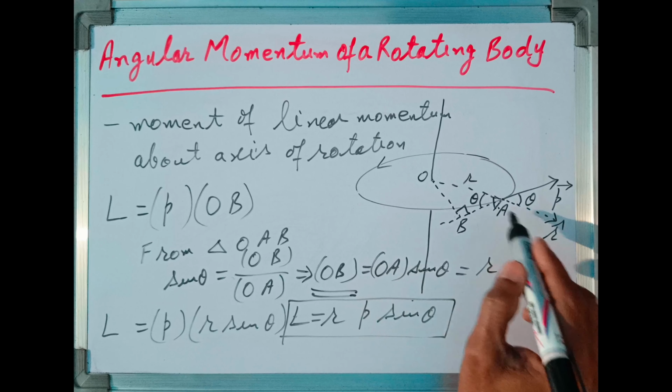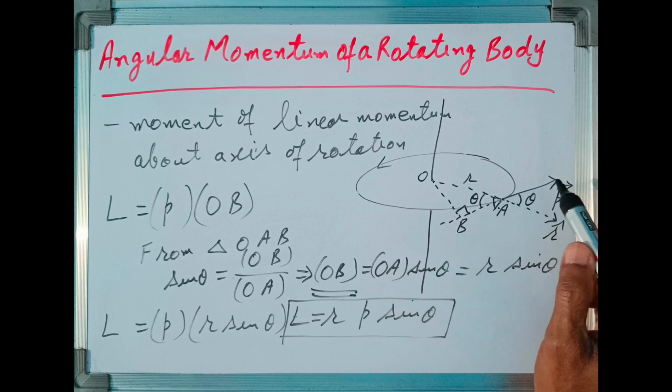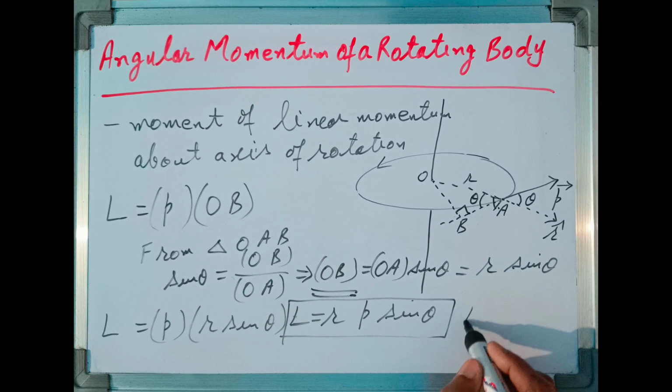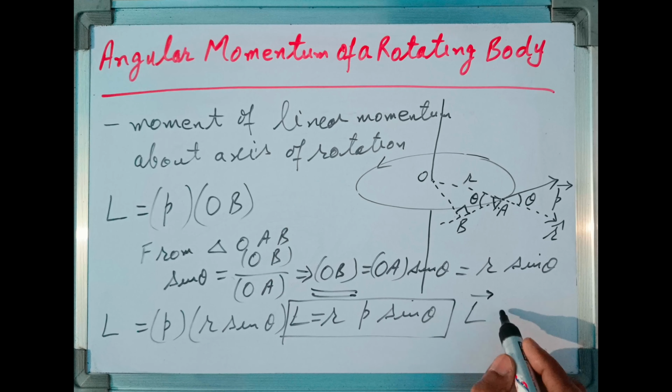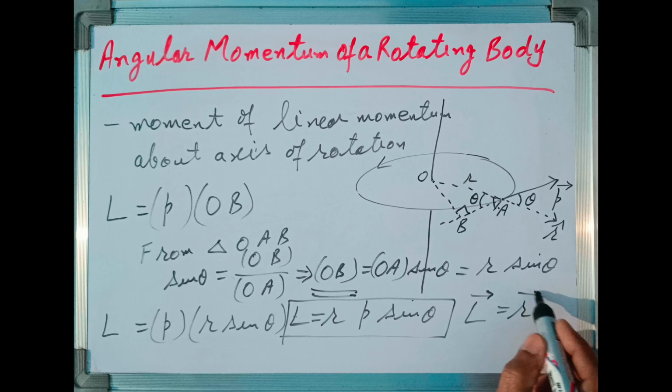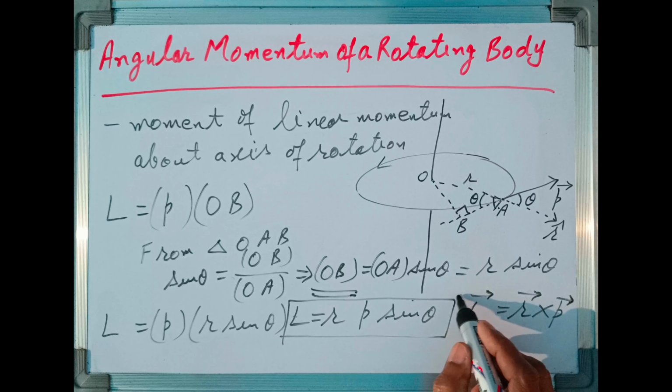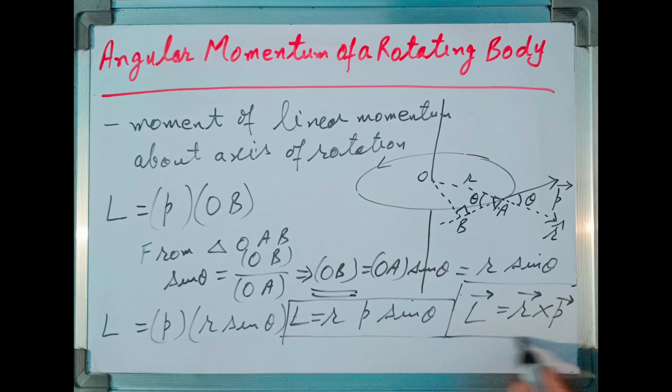Now r is a vector quantity, p is also a vector quantity. So this right hand side is nothing but the magnitude of the cross product of r vector and p vector. So in vector form, I can write L vector is equal to r vector cross p vector. Hence the required complete relation for angular momentum of a rotating body.